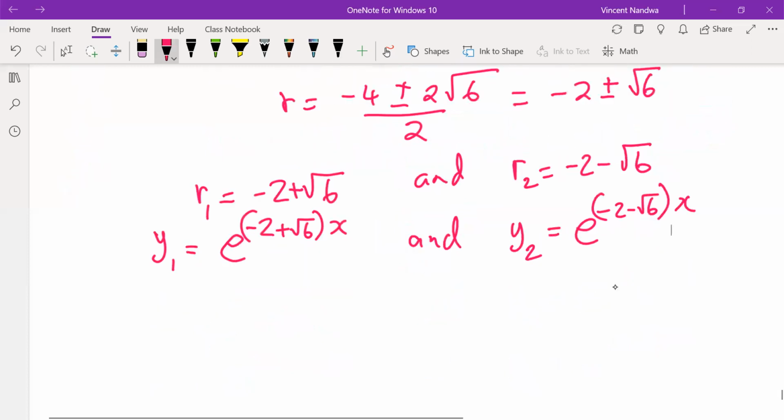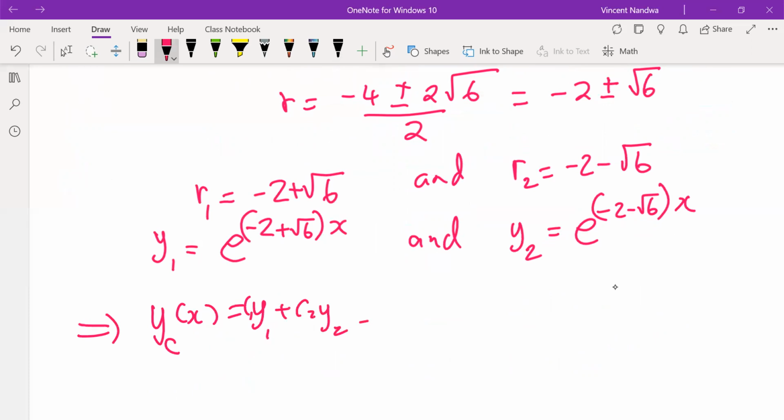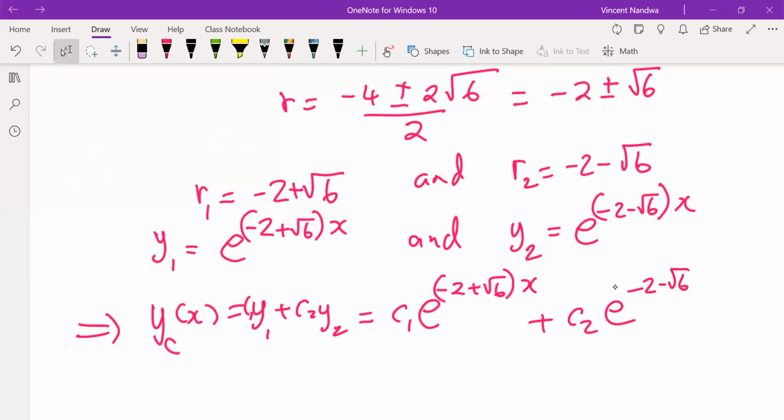Which implies that the complementary solution yc of x, which is c1 y1 plus c2 y2, will be given by c1 e raised power negative 2 plus root 6 x plus c2 e raised power negative 2 minus root 6 x. That is the first step.